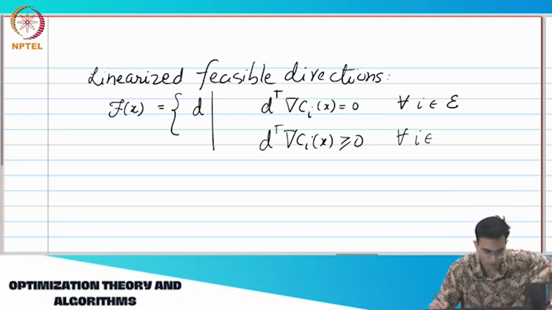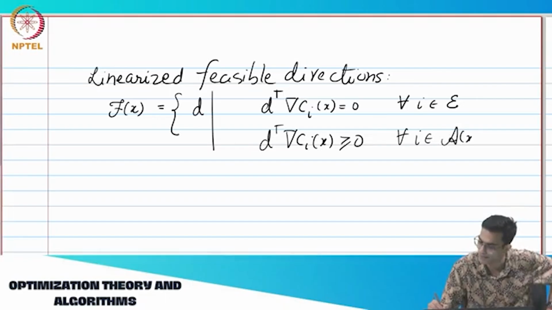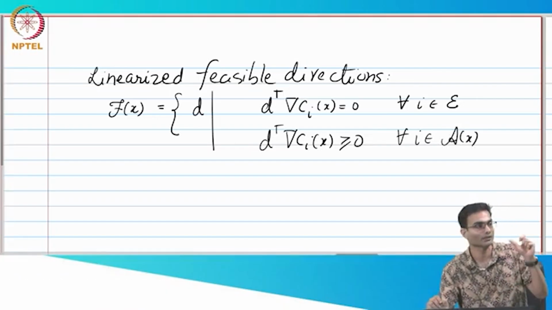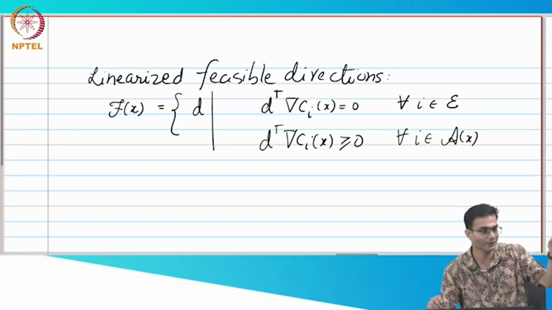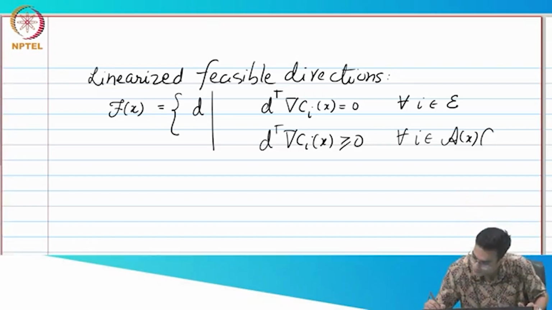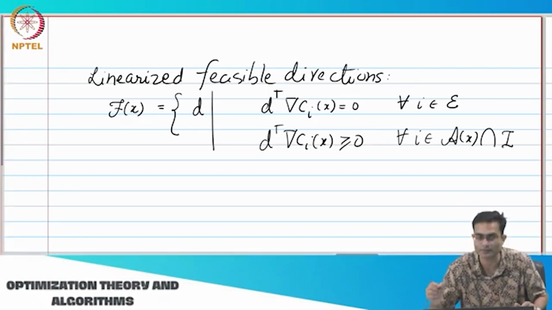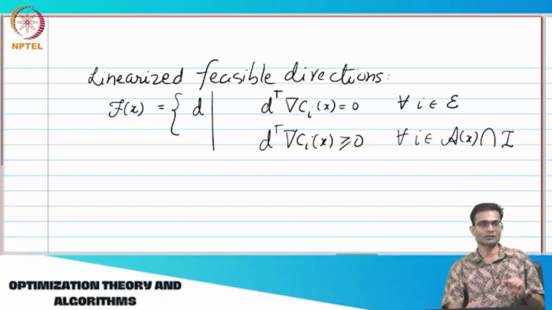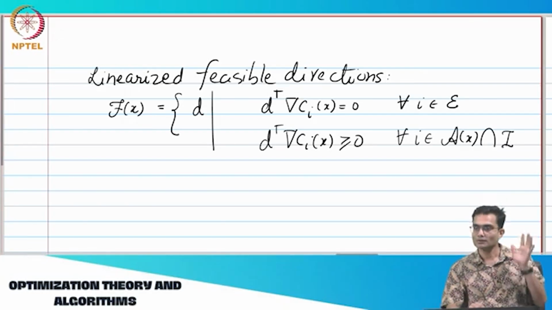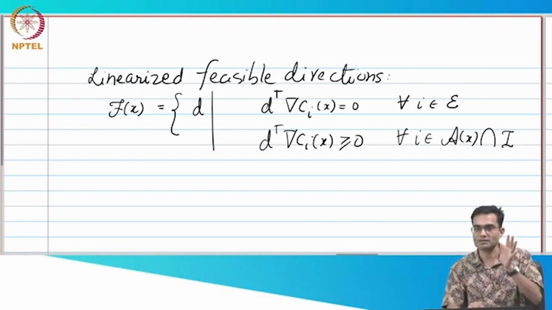So this is the intersection with the active set. The active set contained equalities and inequalities that are active. So I have to intersect this with the set of inequalities. Looks tedious, but what does it mean? The active inequalities.